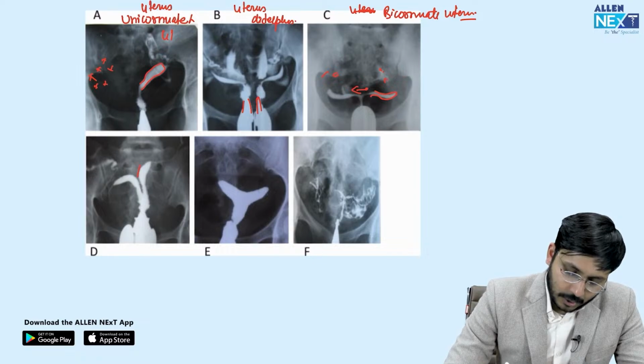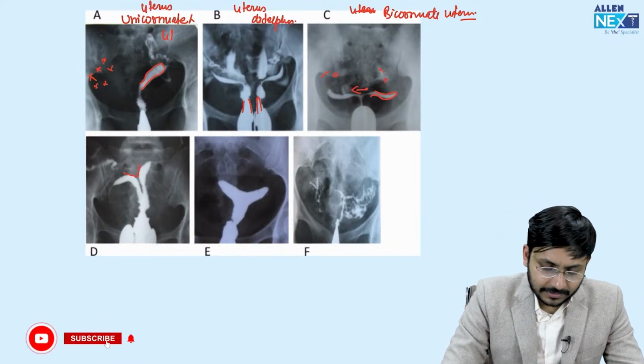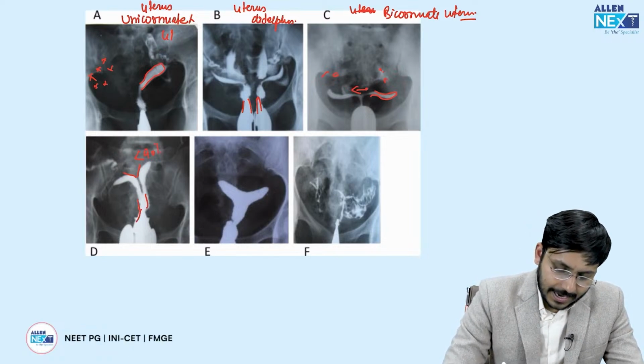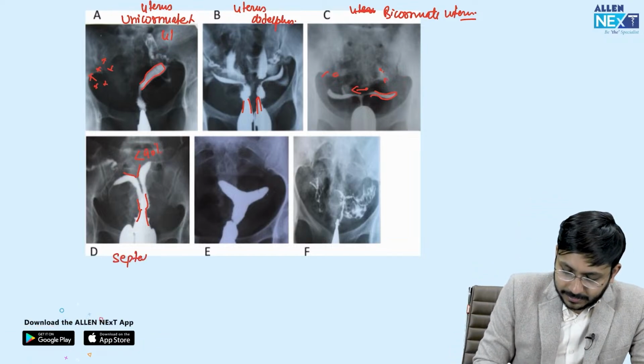Okay, but if the angle of separation between the two uterine horns is not so much, less than 90 degrees, and there is a common cervix and a common vagina, then you are dealing with the septate uterus.